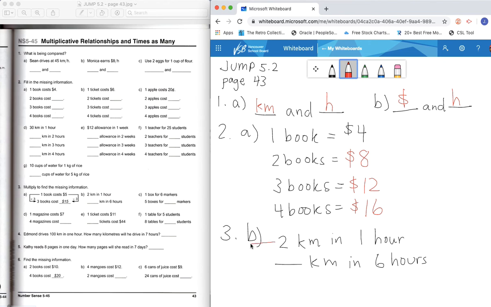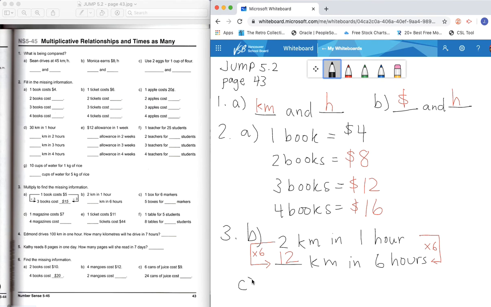So we'll do it like the way they showed you in Jump Math in 3A. So 2 times 6, right? Because 1 times what gives you 6? 1 times 6 gives you 6. So that's why you know it's times 6. So what is 6 times 2? It is 12. Okay, so you're going to write 12 kilometers in 6 hours.